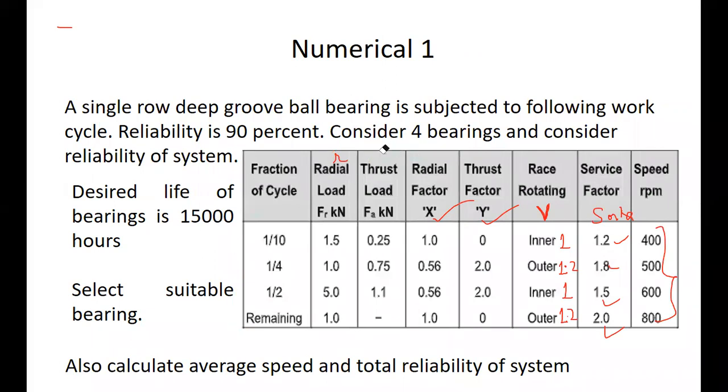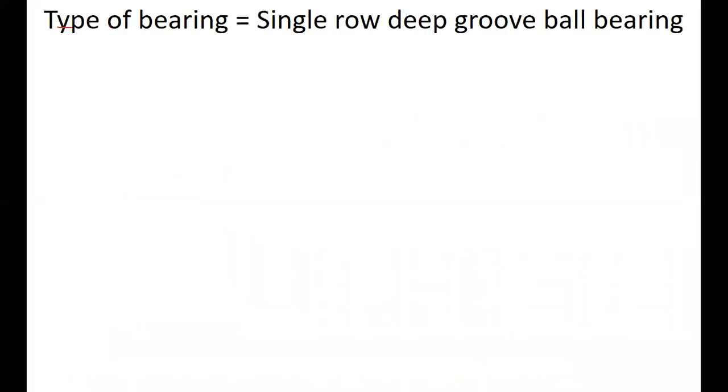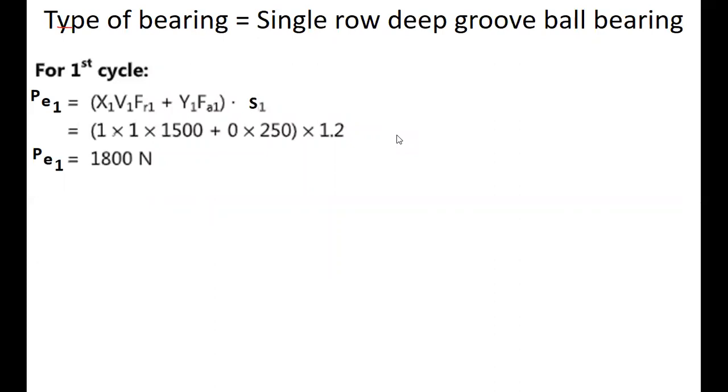So we have to select a suitable bearing and we have to calculate average speed and total reliability of the system. Let us start. First of all, you'll have to see that it is a single row deep groove ball bearing. So while selecting a bearing, you should understand which bearing you are selecting. Obviously, the first cycle.